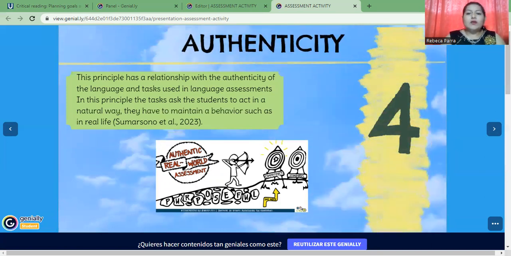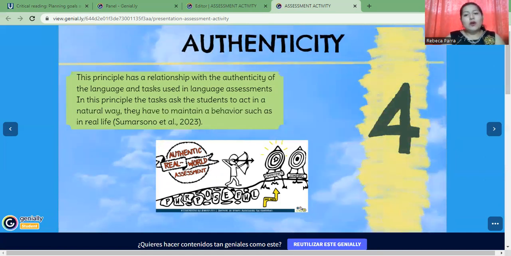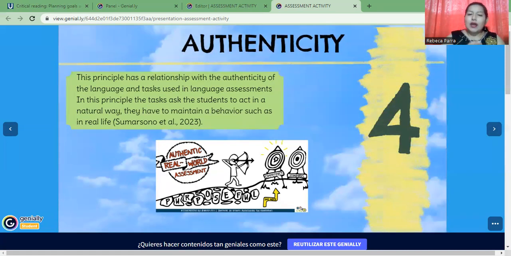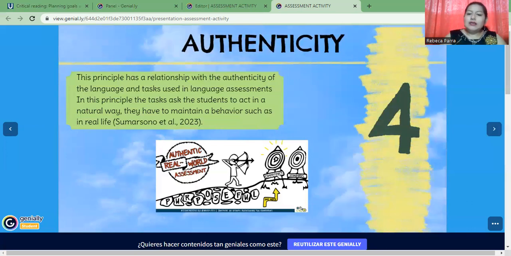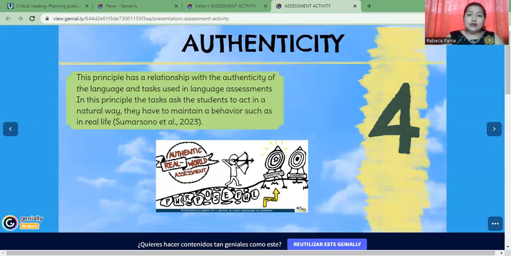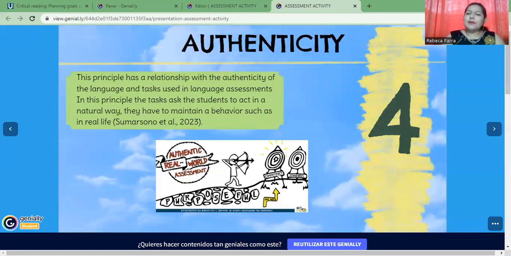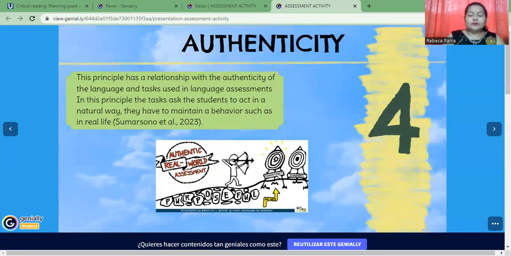In other words, educators must analyze whether the evaluation accurately captures actual language use in a natural setting. In this principle, the task asks the students to act in a natural way. They have to maintain a behavior such as in real life.